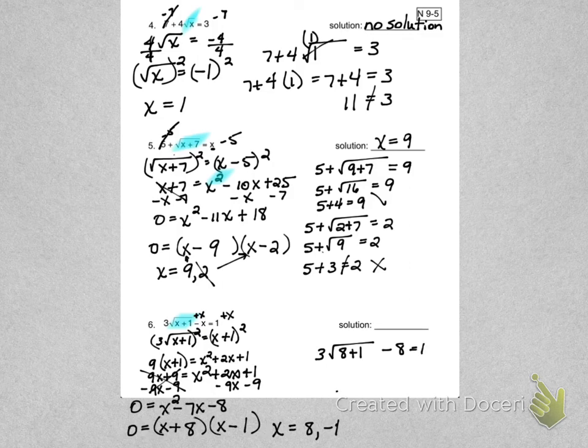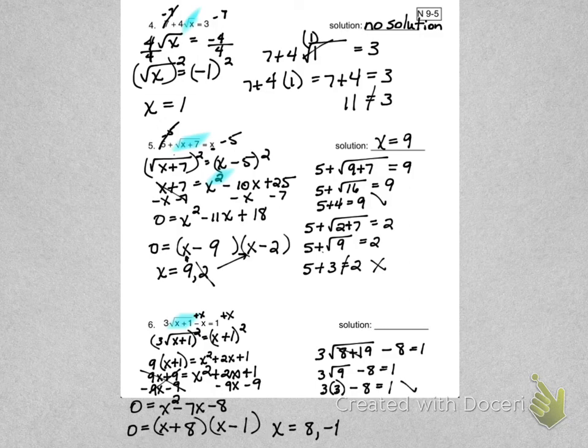Okay. 8 plus 1 is 9. So we have 3 times the square root of 9 minus 8 equals 1. Square root of 9 is 3. So 9 minus 8 equals 1. That one checks out.